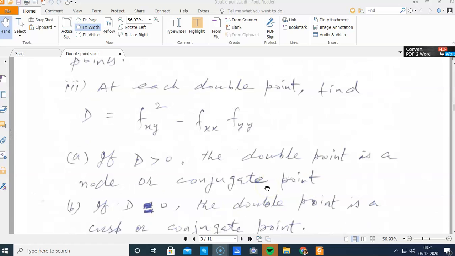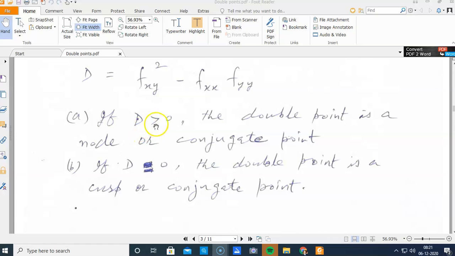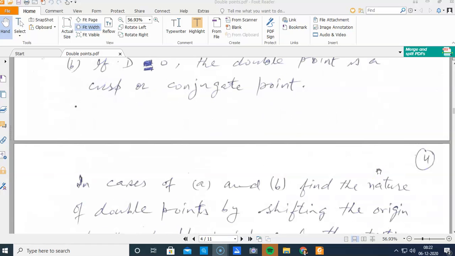Number 3: at each double point find D. This is not a discriminant, just a symbol D: fxy whole squared minus fxx times fyy. A: if D is greater than 0, the double point is a node or conjugate point. B: if D is equal to 0, the double point is a cusp or conjugate point.